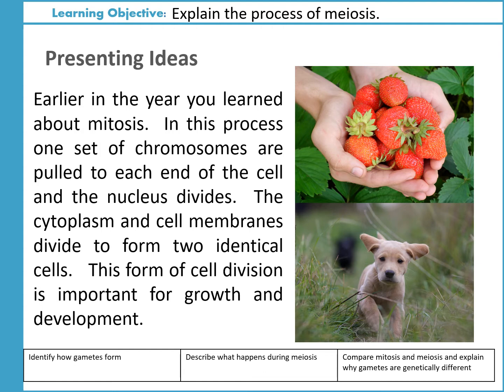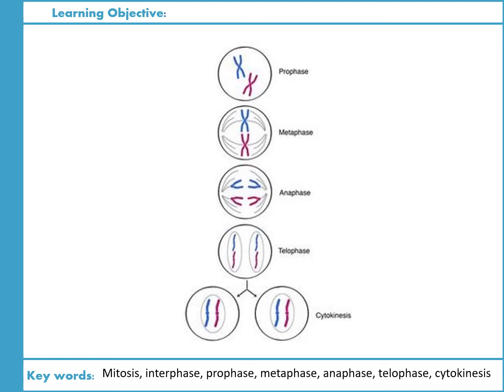This is used for reproduction of some organisms, asexual reproduction, and for growth and repair in all organisms. So here is the process in more detail. This takes us up towards A level, and at GCSE you will not need to be able to quote each of the names that are on here, but there's no harm in you having that as background knowledge.